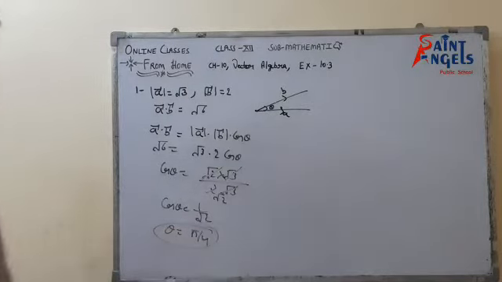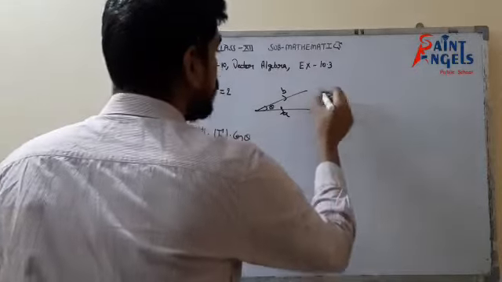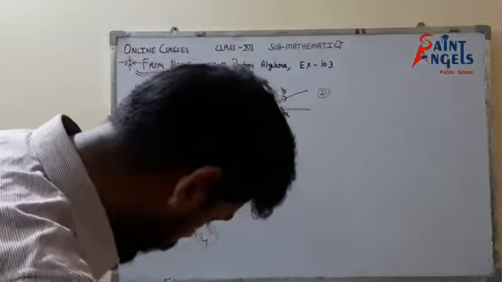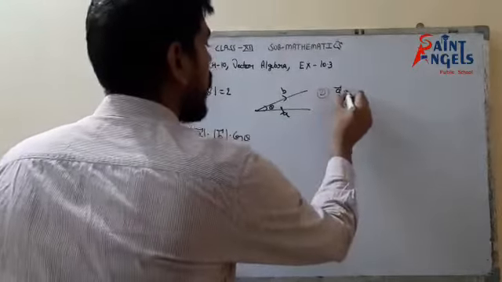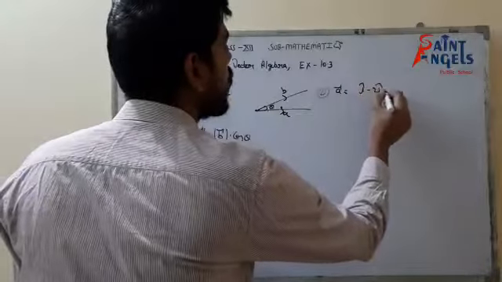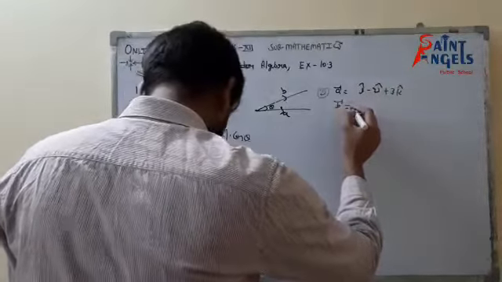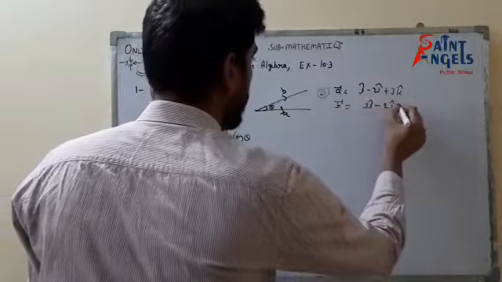Now look at question number 2. Find the angle between the vectors. We have been given two vectors. Let the first vector be a cap, that is i cap minus 2j cap plus 3k cap, and the second vector b is 3i cap minus 2j cap plus k cap.